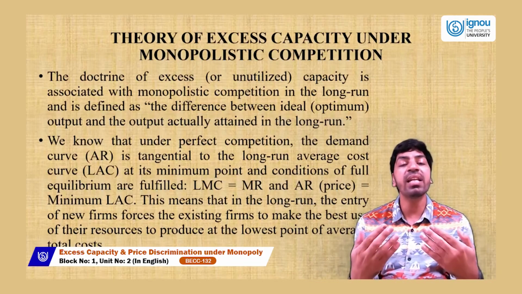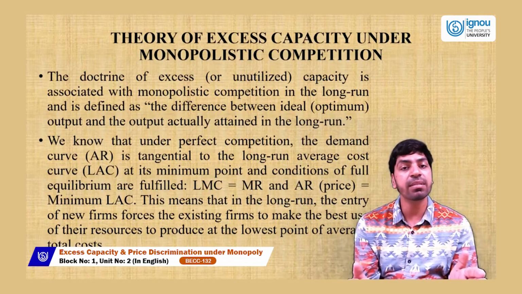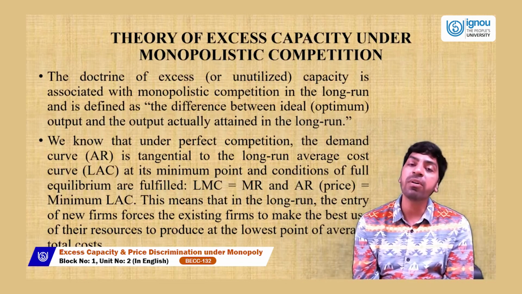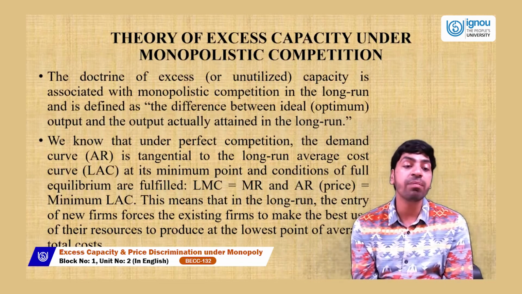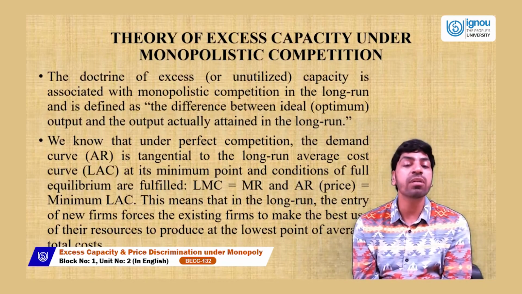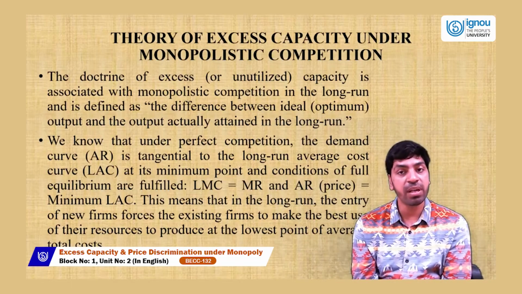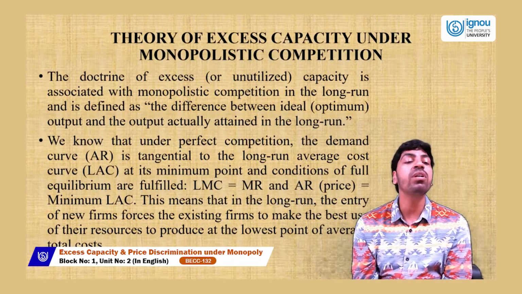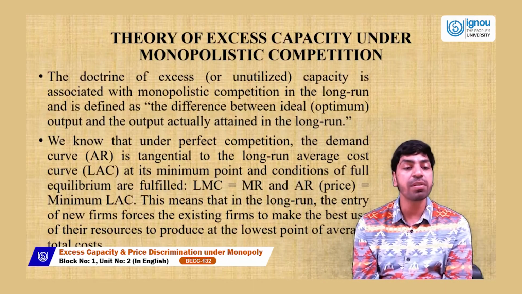So when there is a concept of excess capacity, there are two conditions under monopolistic competition in the long run period: the long run marginal cost is equal to marginal revenue, and average revenue is equal to price is equal to the minimum long run average cost curve.